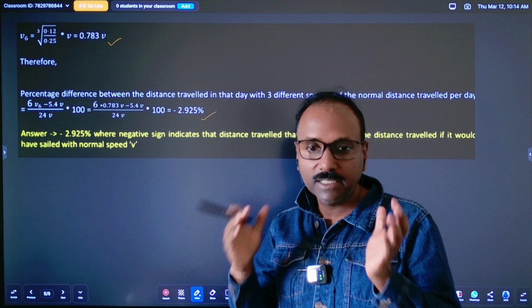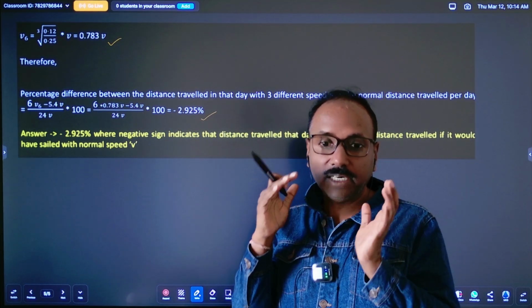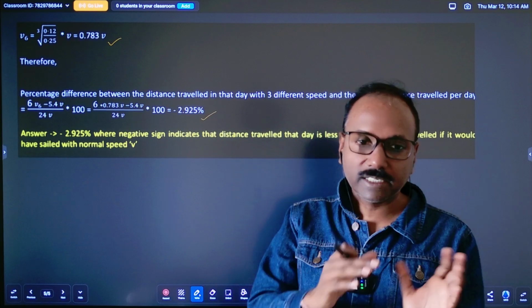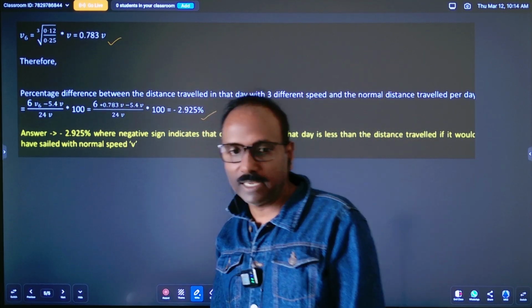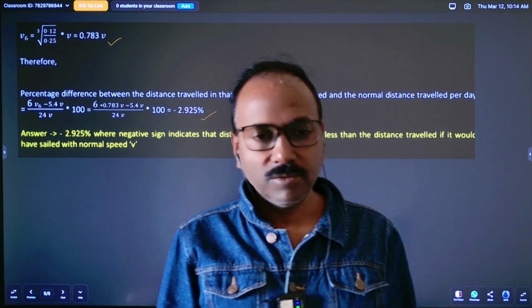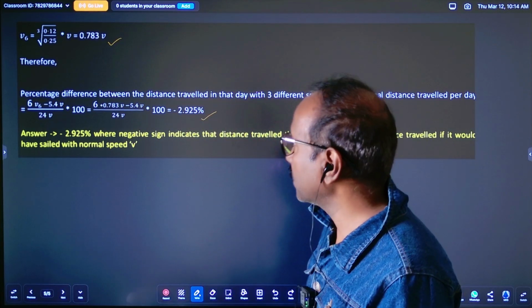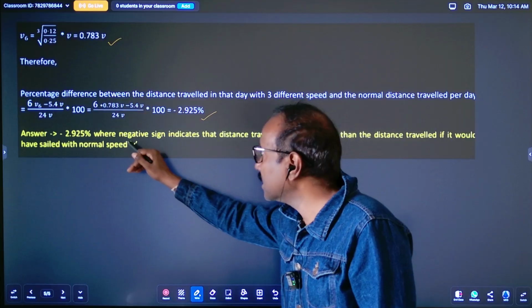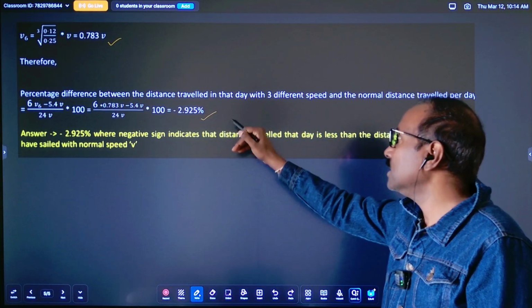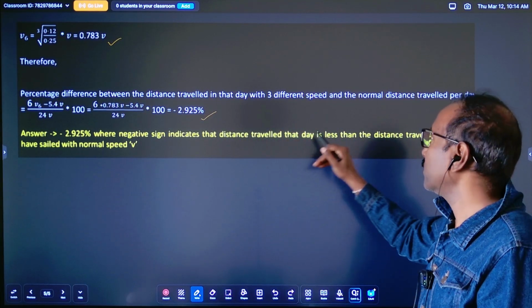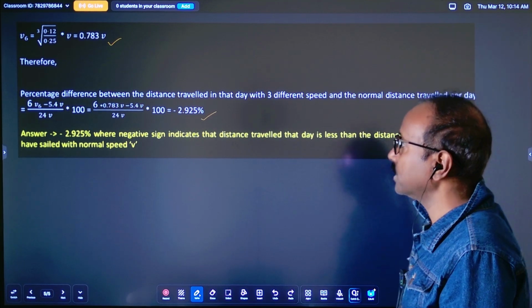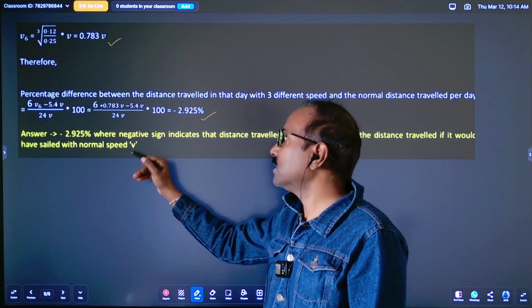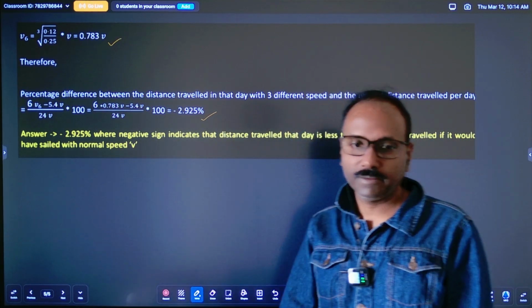Negative sign you got because you have used the distance traveled. You are deducting the normal distance from the distance traveled on that day. So it means if the distance traveled on that day is less than the normal distance, you will be getting negatives. So when you write the answer, you should write this: negative sign indicates that the distance traveled that day is less than the distance traveled if it would have sailed with normal speed v.